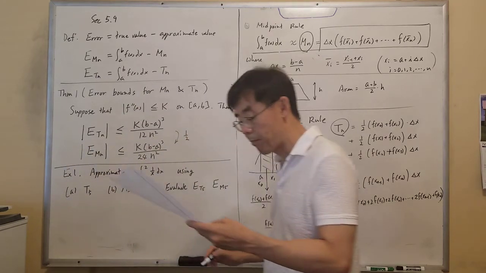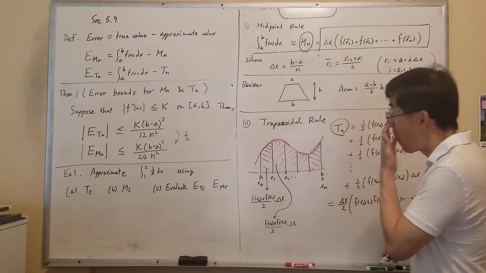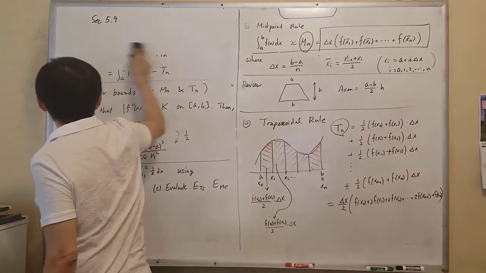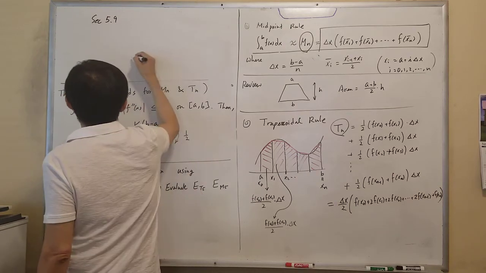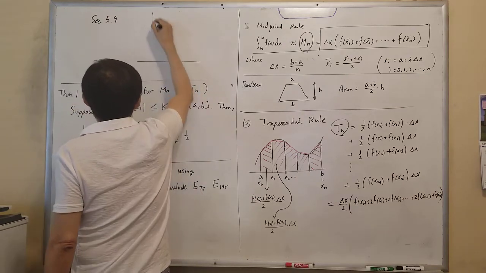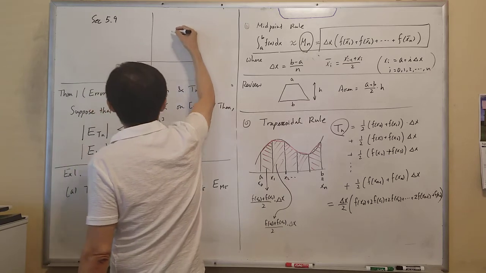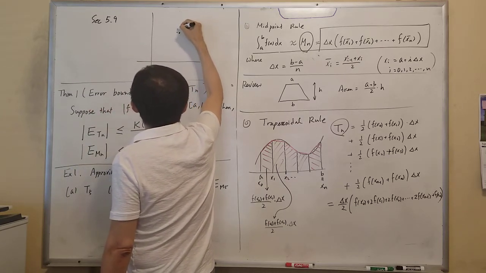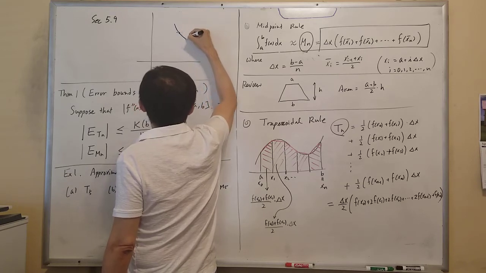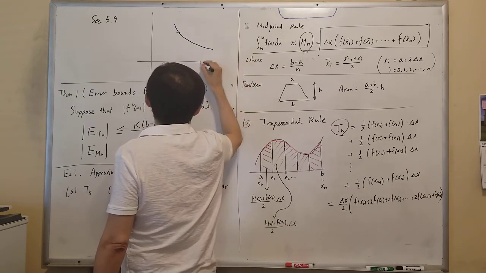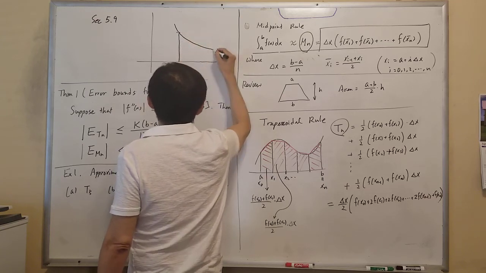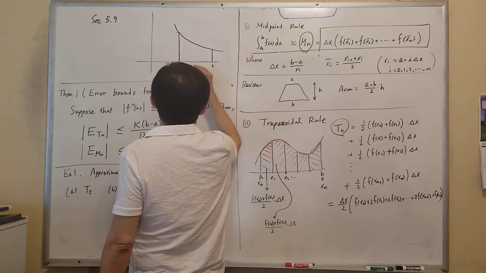Okay, so the function is 1 over x, from 1 to 2.